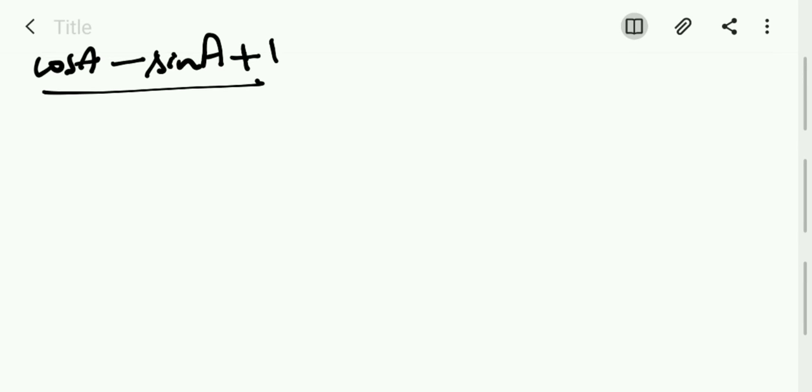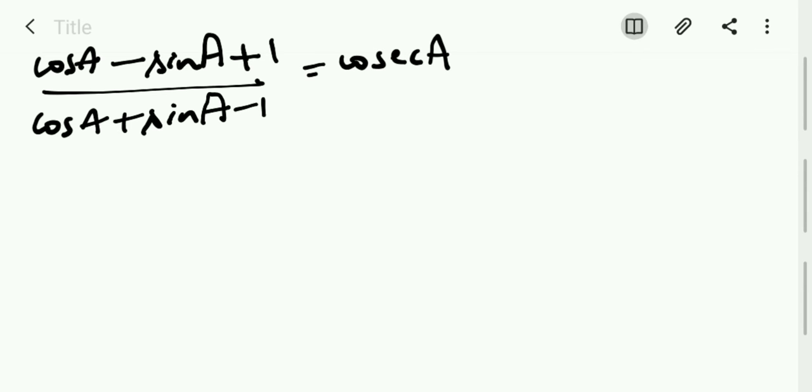I'll just write the sum: (cos A minus sin A plus 1) by (cos A plus sin A minus 1) is equal to cosecant A plus cot A.